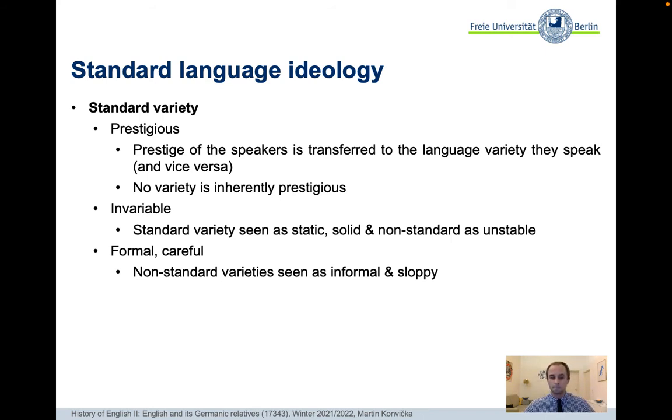This is also connected to the idea that the standard variety is there for formal uses. It's the variety that we carefully use. Whereas non-standard varieties, dialects, and other non-standardized ways of speaking are seen as informal, sloppy, and therefore also not prestigious.